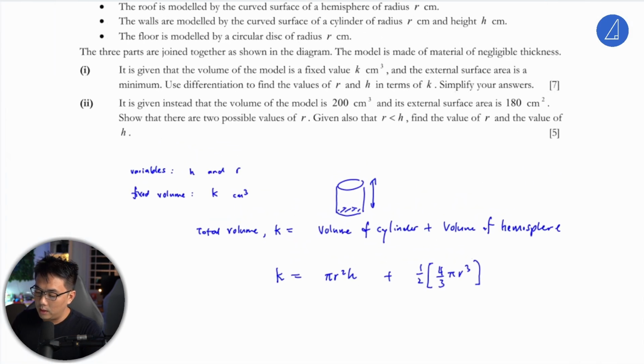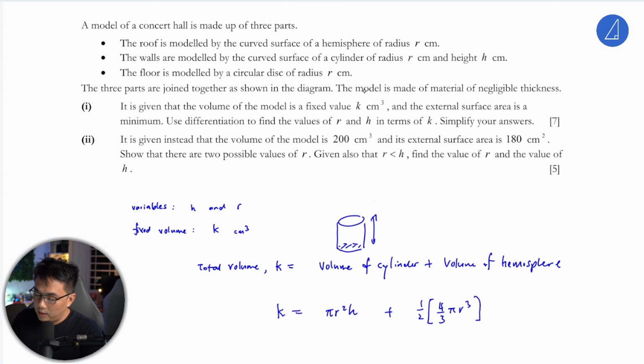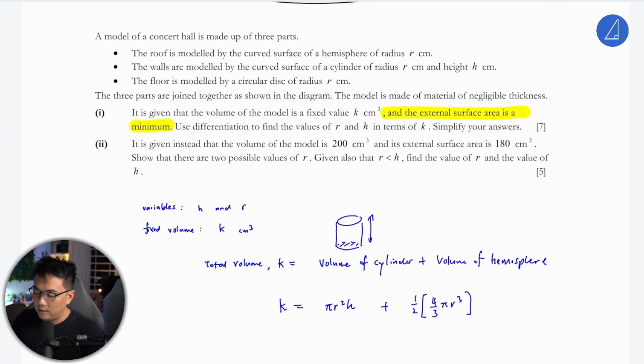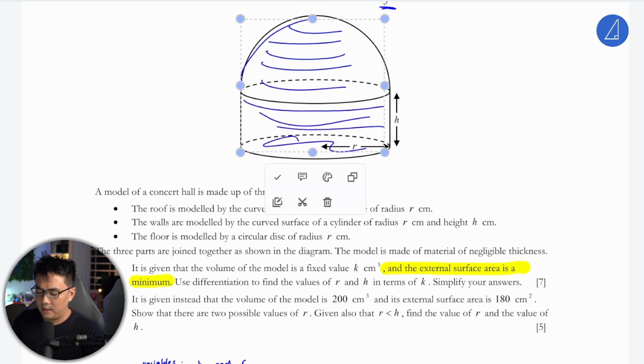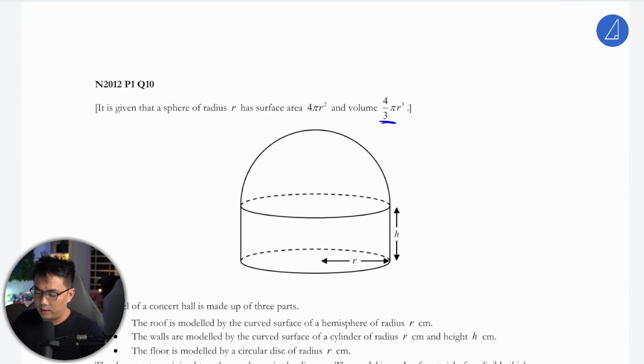All right, so now once we have related them, what we need to do is find the minimum of the external surface area. So the external surface area will be the curved surface area of the hemisphere, the curved surface area of the cylinder, and the base area, which is pi r square.